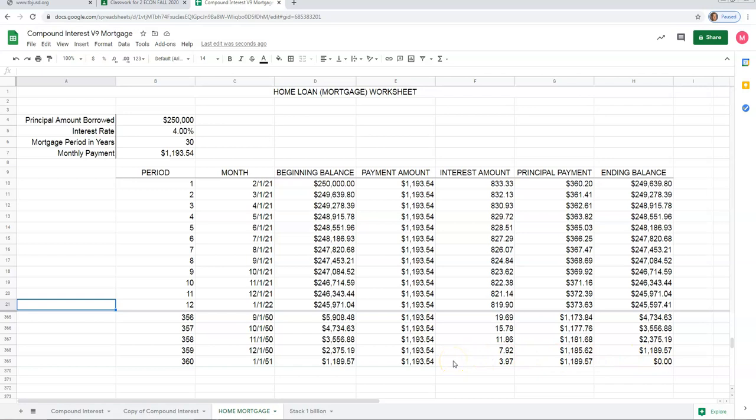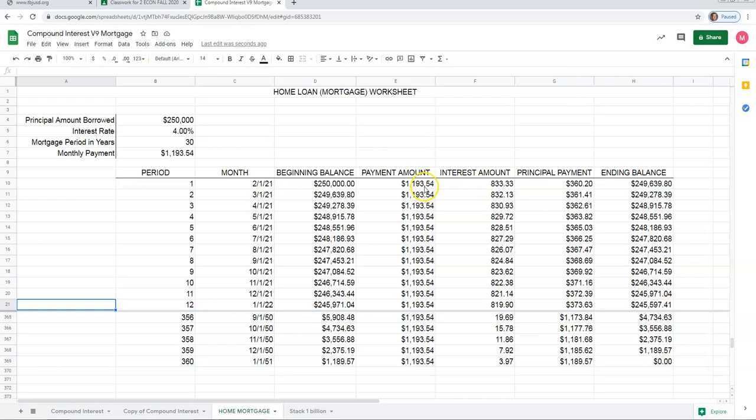One of the features about a mortgage is that you have the same payment every month, but the amount that goes to interest changes each month, and the amount that goes to principal changes. In the early years of a mortgage, most of the payment is just going to pay an interest expense.